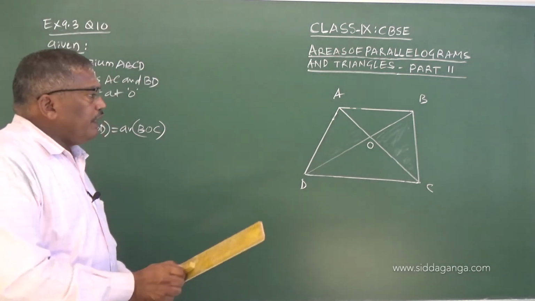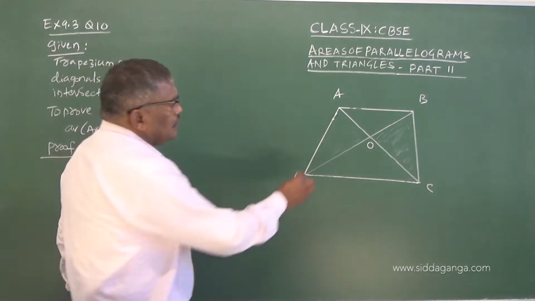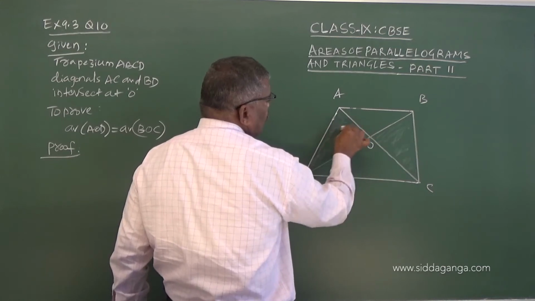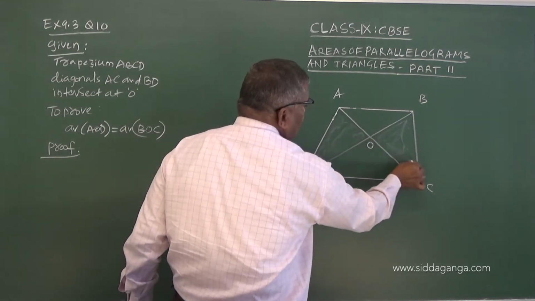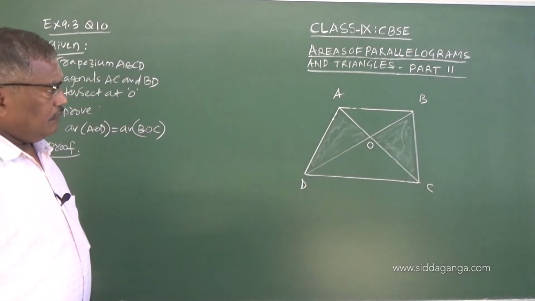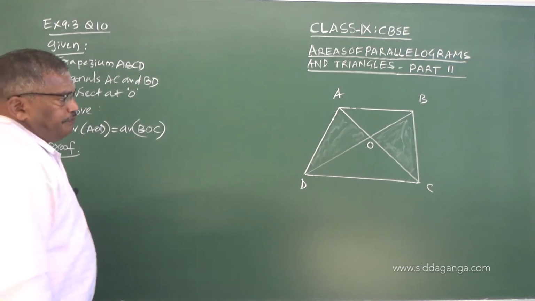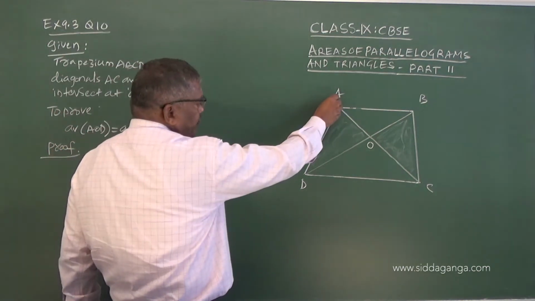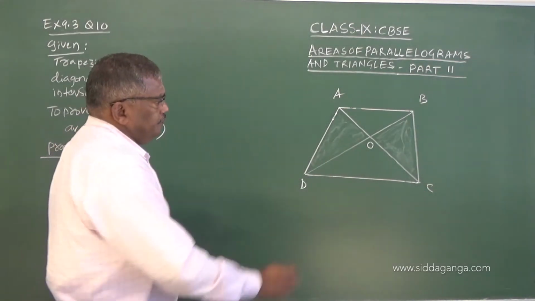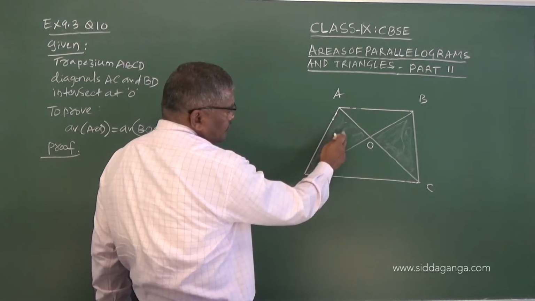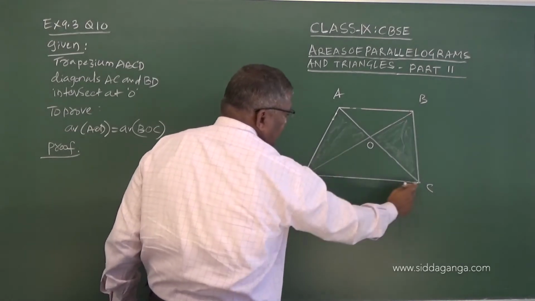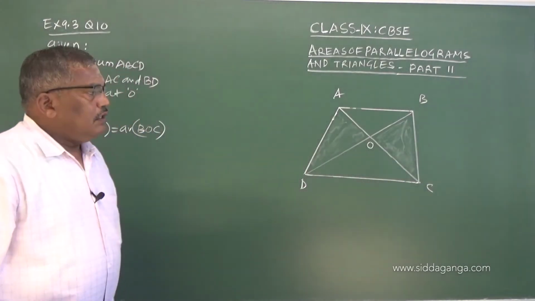Dear students, you observe here. I have colored these two triangles. We need to prove that these two are equal in area. So what we have to do is, first you take up triangle ADC and triangle BDC.